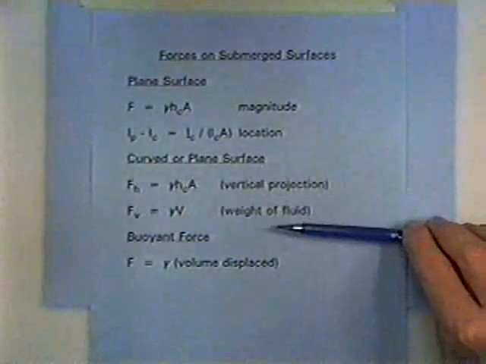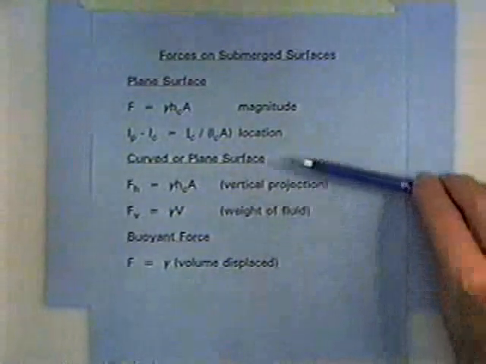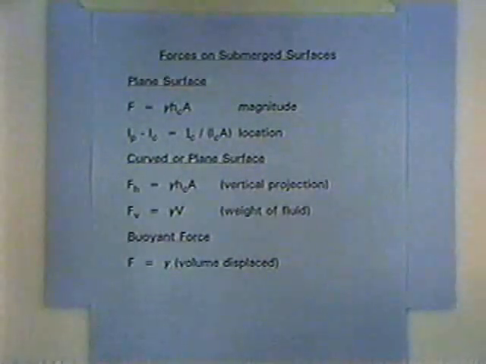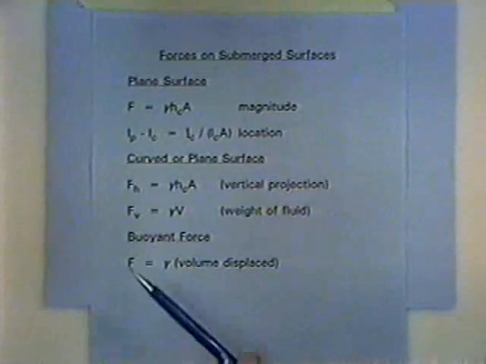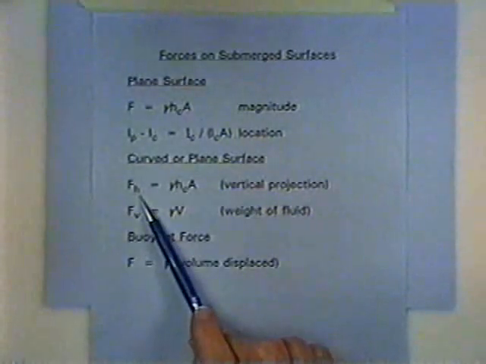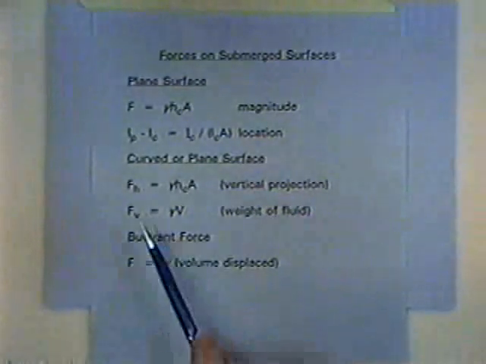on to this approach, and these set of equations are good for this plane surface, but they're equally valid for any type of a curved or any type of a configuration of a surface. And in that case, we're using the same formula, except we're applying it to a horizontal projection of the surface.